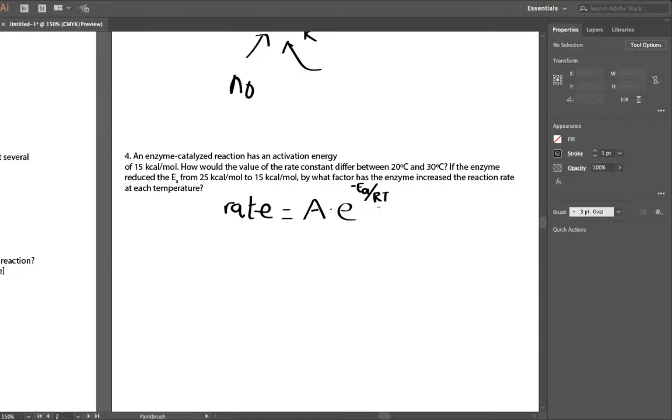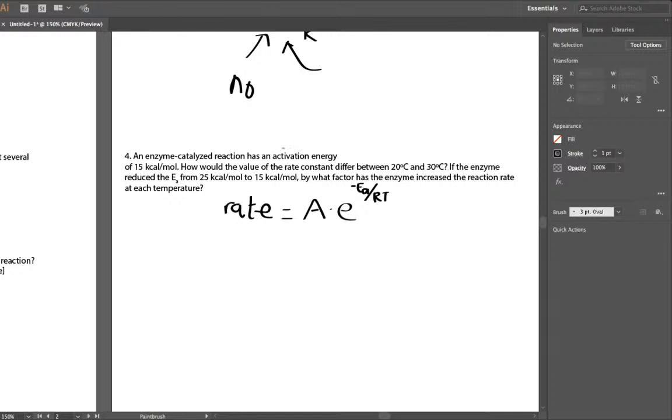That's why we are using the ideal gas law constant. With this, it has an activation energy of 50 kilocalories per mole.